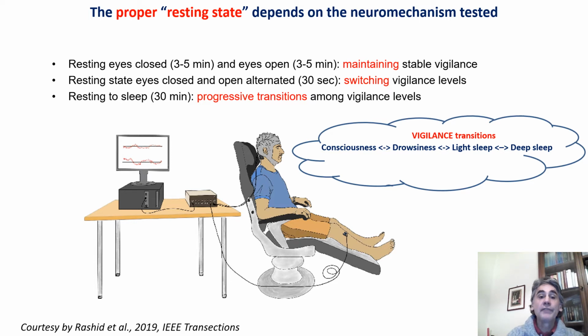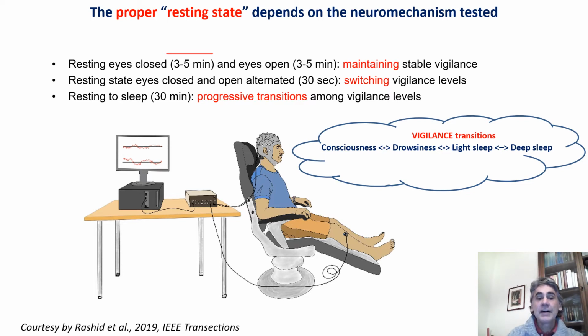The recording of EEG during resting state eyes closed condition for 3-5 minutes and then a new session with eyes open for 3-5 minutes are useful to investigate the maintenance of stable vigilance in the patients. The rapid change of the condition at eyes closed and eyes open is useful to investigate the switching of vigilance levels.